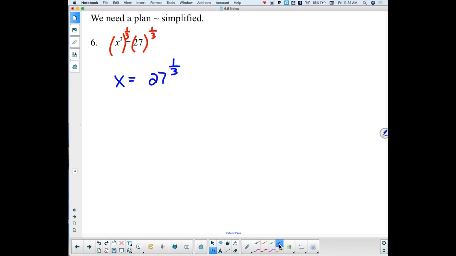Now in order to do that, I'm going to have to convert 27 into a trig form number. So that's going to be 27 times the cosine of 0 degrees plus I times the sine of 0 degrees, and that is going to be taken to the 1/3 power.